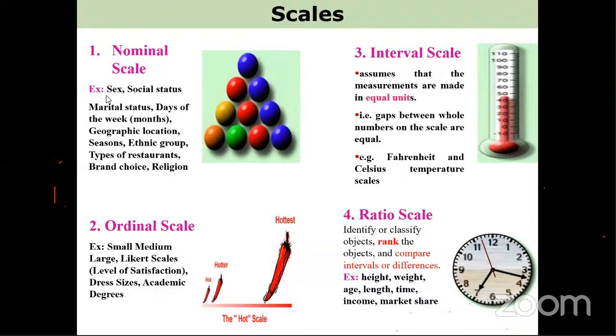Examples: sex as male and female, social status, marital status as married, unmarried and other categories, days of the week, geographic location, seasons, ethnic groups, types of restaurants, brand choice, religion, everything.